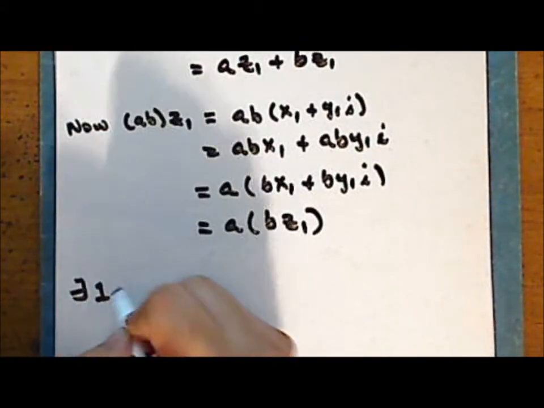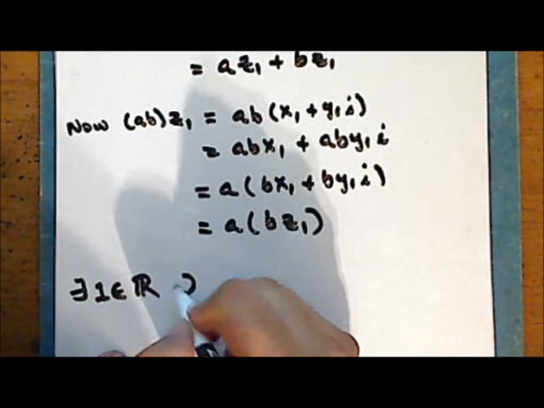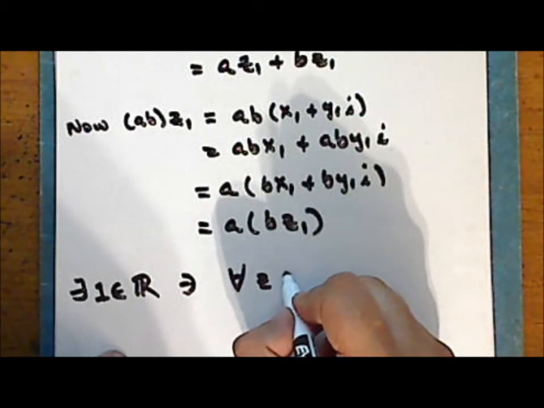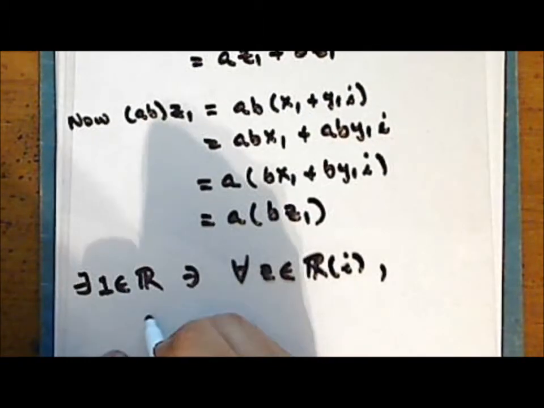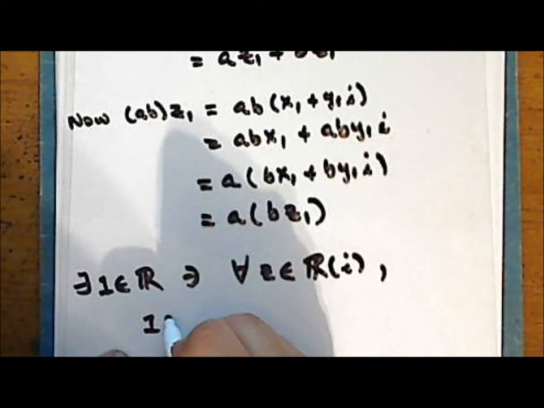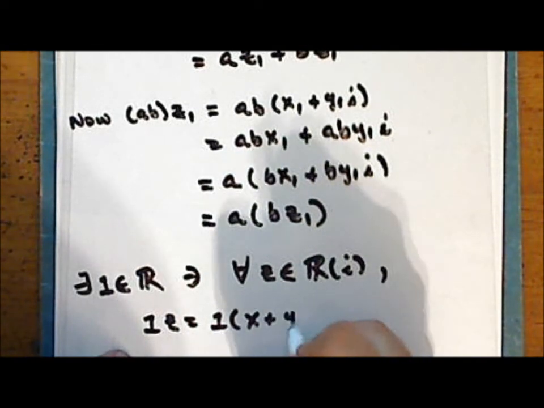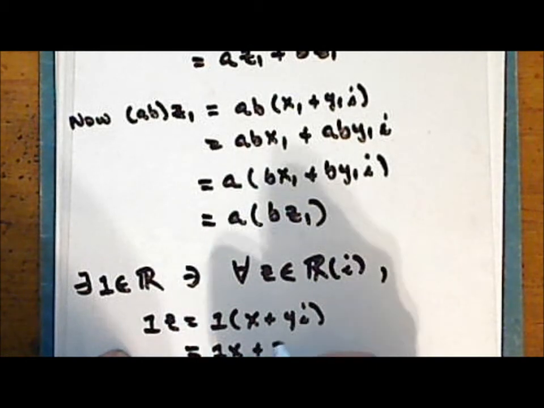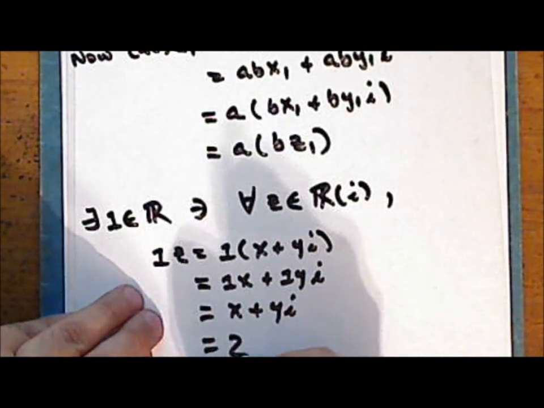And there exists the multiplicative identity 1 in the set of reals, such that for every vector z, we have that 1 times z is 1 times x plus y times I, which is 1 times x plus 1 times y times I, which is x plus y times I, which is the number z.